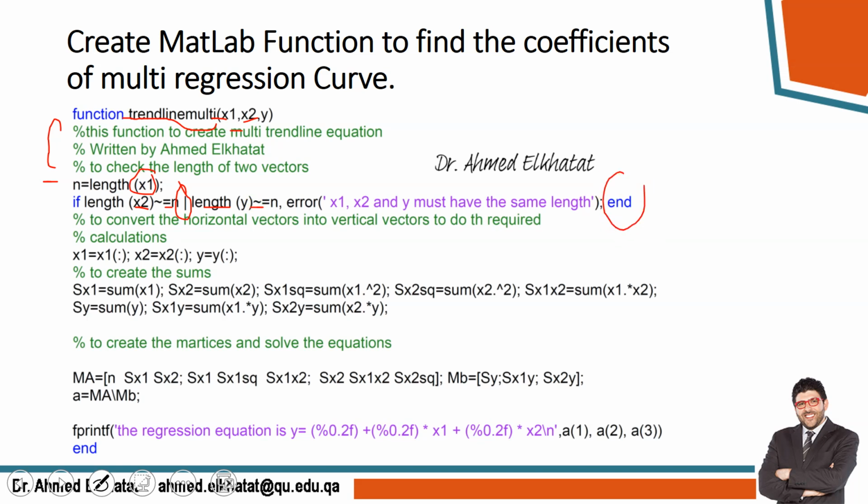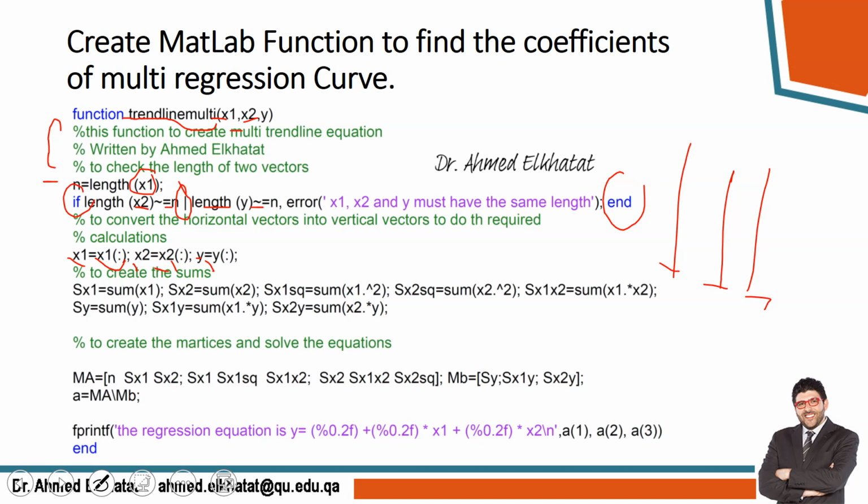Now we want to convert our vectors to vertical vectors. So x1 equals x1 column, x2 equals x2 column, and y equals y column. Now all vectors become vertical columns, so we can find the summation of all.